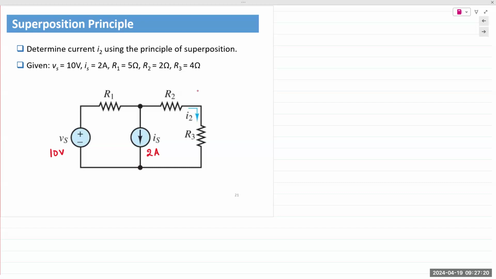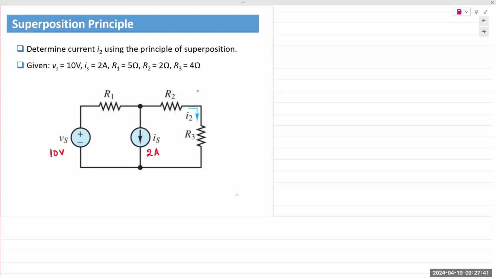We could reduce that to a single resistance before we begin our analysis, but let me just keep the circuit as it is and solve it without doing anything to it.